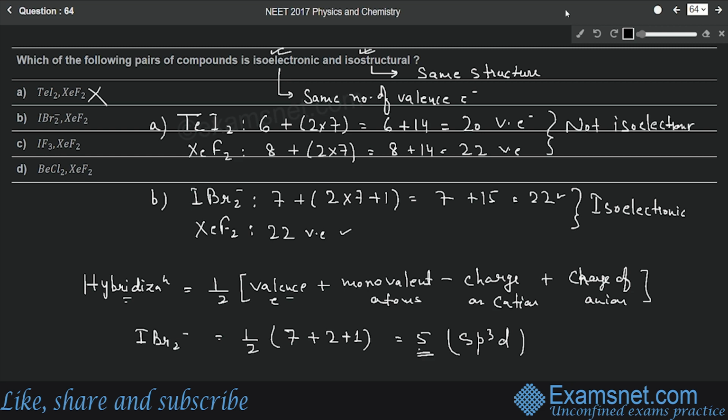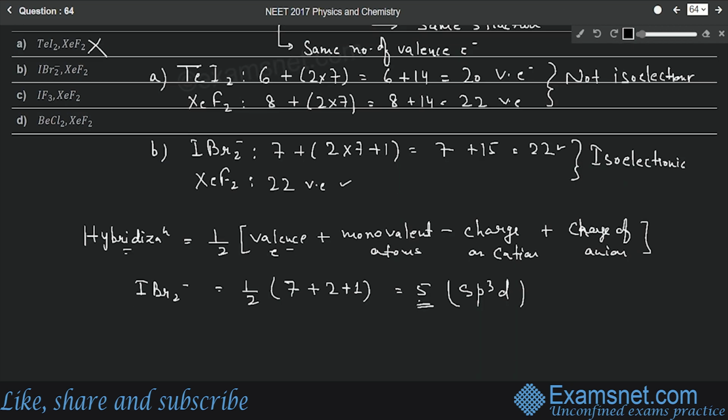And how will it look? It will look like this. This is iodine. We have one bromine here, one bromine here, and the rest will be electron pairs. 2 electron pairs this side and 1 electron pair this side. So the 3 are electron pairs. The number of atoms is only 3. That means it is a linear molecule. So the shape is linear.